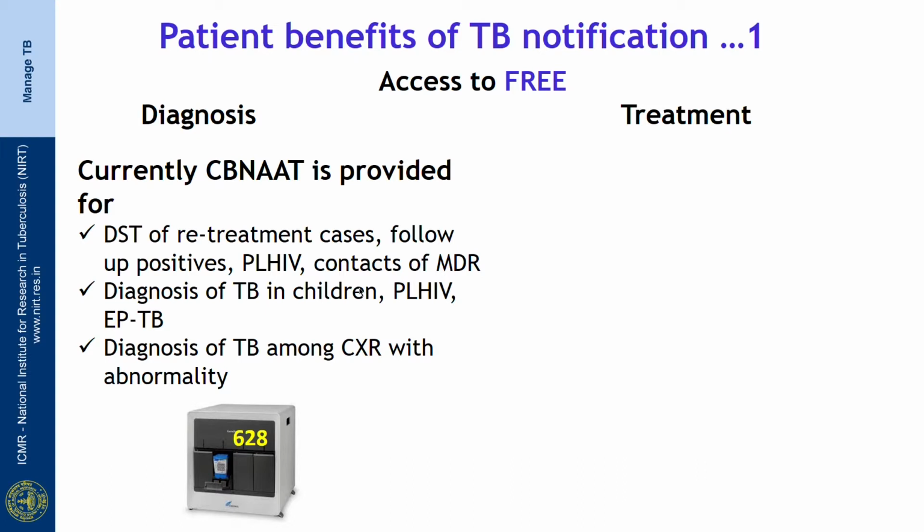So, these are the cases, and these 628 machines are available now who can cater to them, and the access for diagnosis is available for the patients notified by the private sector.